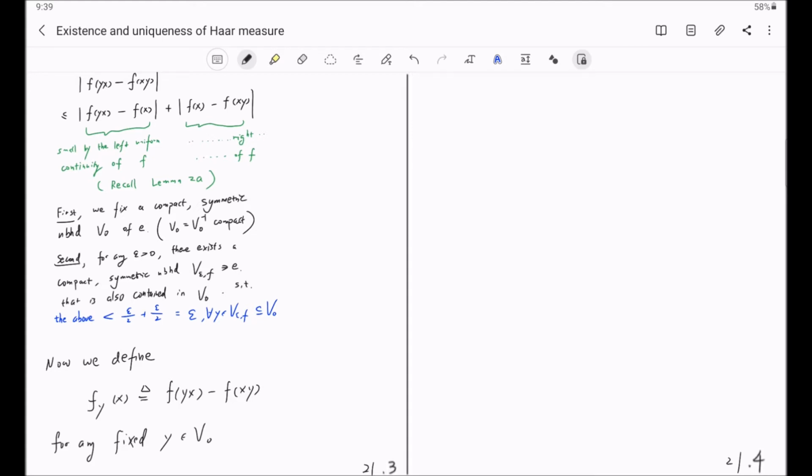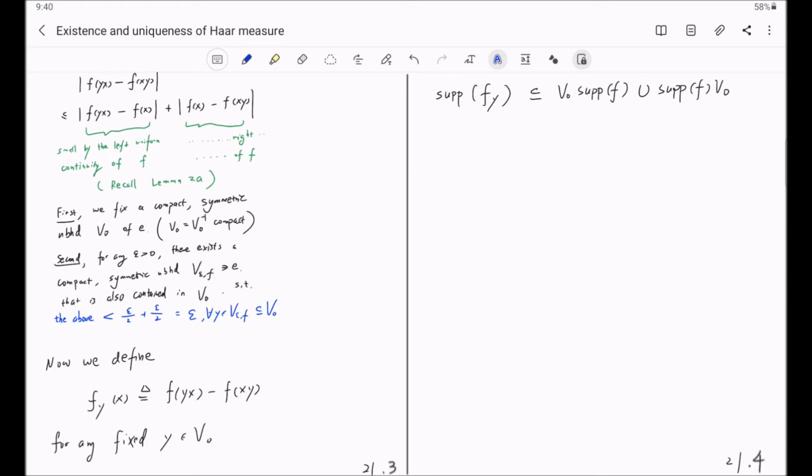And now we look at the support of f sub y. We claim the support of this is contained in V naught times the support of f, union the support of f times V naught, where V naught is this fixed neighborhood of e.